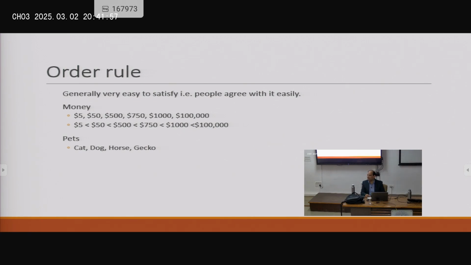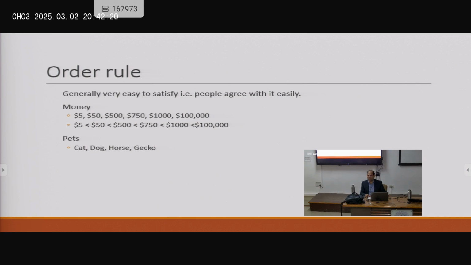So you can't say I prefer cat to dog, dog to horse, and horse to gecko, but also gecko to dog. To the point I was making earlier, human beings can act irrationally sometimes. They sometimes switch their order of preference, and that's why we say we want to be normative.